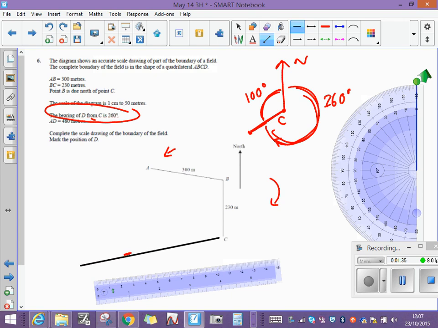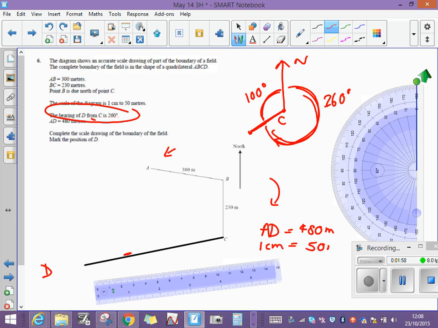Now at the moment we don't know how far along that line it is, so let's just make sure that sits on the end. So we now need to work out where D is. It's somewhere along this line, but we're not quite sure where. We're now told that AD is actually 480 meters, and we know that on the diagram 1 centimeter is the same as 50 meters.